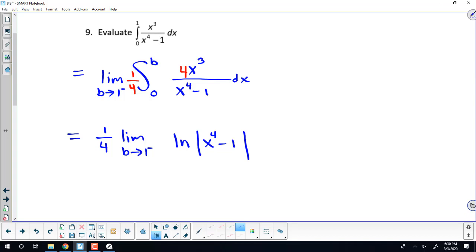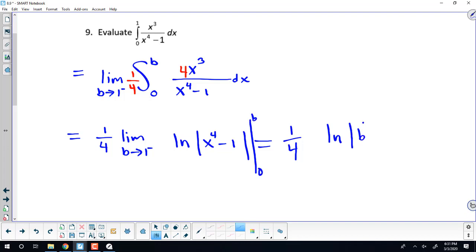We're in the interval from 0 to 1. These fractional things to the 4th minus 1 are negative numbers. So we need it there. Okay, so it's 1/4 natural log of, evaluated from 0 to b.